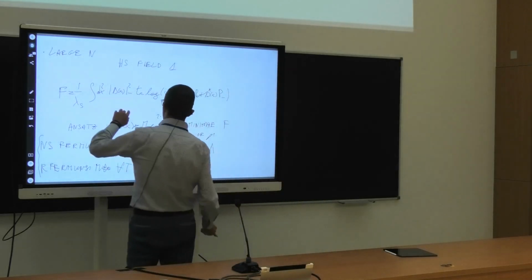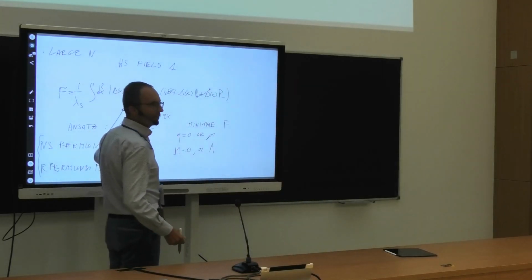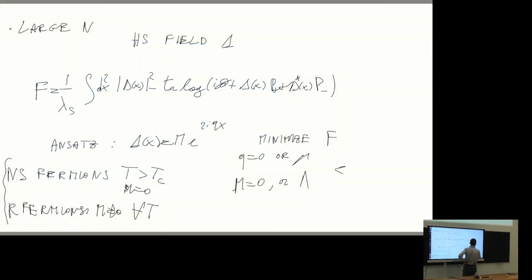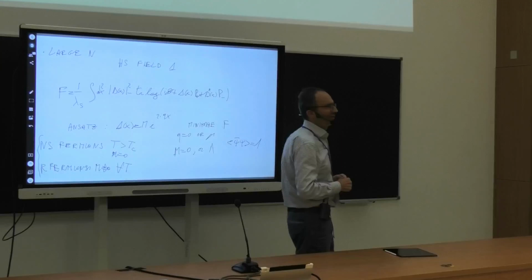M here is an arbitrary parameter that you minimize, so it's a free parameter. This lambda is the value of the condensate at zero temperature that you know from the usual large N for constant configurations, yes.